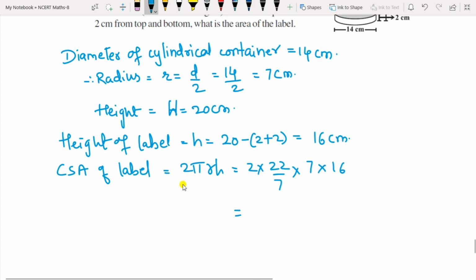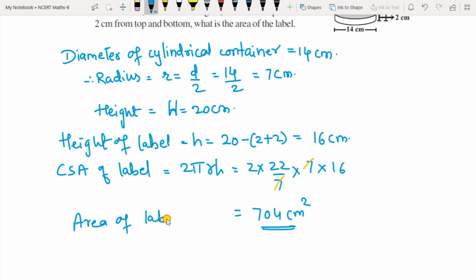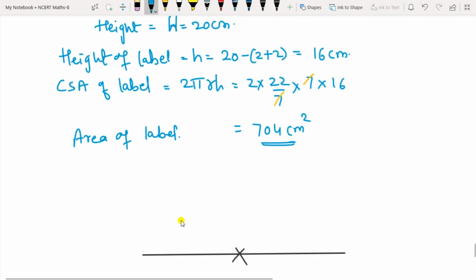So 7 and 7 get cancelled. The remaining answer will be 704 centimeter square. That is the area of the label. So this was how you have to solve your exercise 11.3.